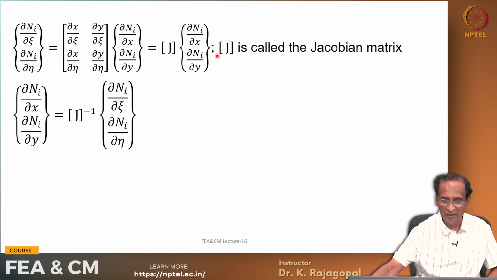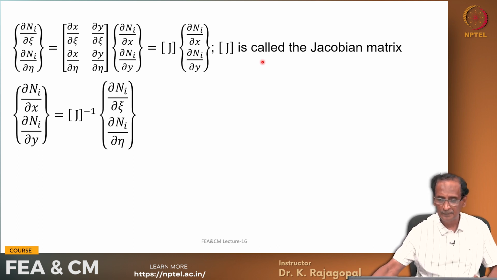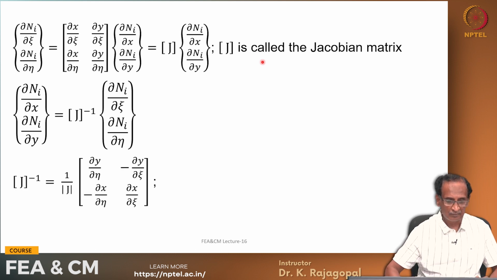This is J, and J is a very important parameter in our finite element calculations, and we call this the Jacobian matrix. And the J inverse is 1 divided by the determinant of the Jacobian matrix, multiplied by ∂y/∂η, minus ∂y/∂ξ, minus ∂x/∂η, ∂x/∂ξ.